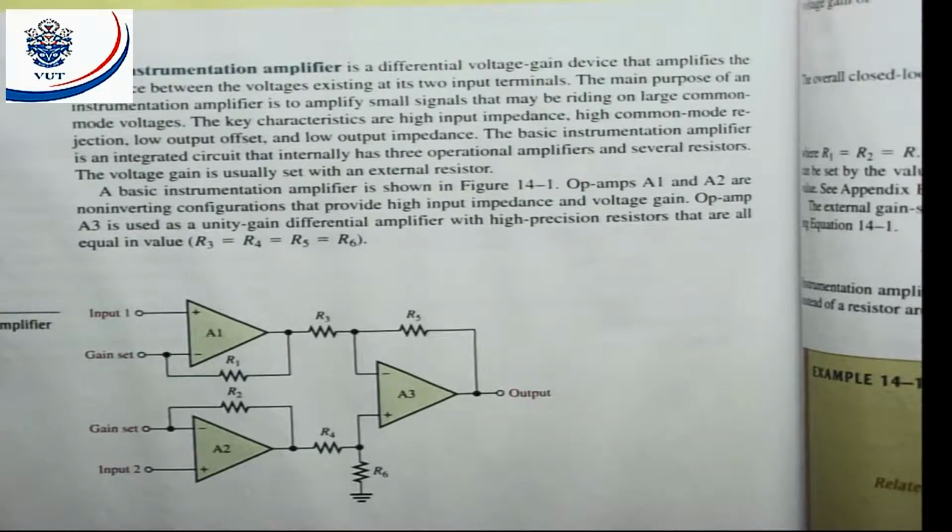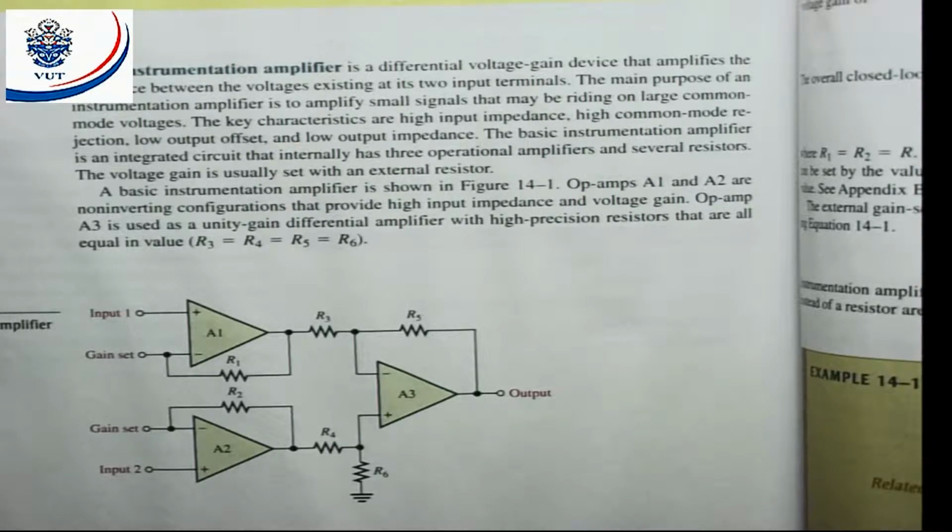And that brings us to the basic instrumentation amplifier. They say an instrumentation amplifier is a differential voltage gain device that amplifies the difference between the voltages existing at its two input terminals. The main purpose of an instrumentation amplifier is to amplify small signals that may be riding on large common mode voltages.